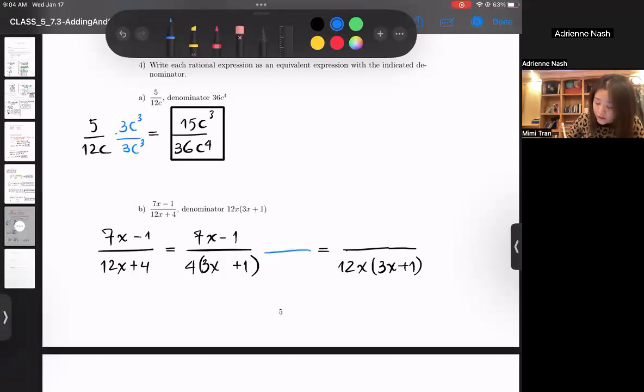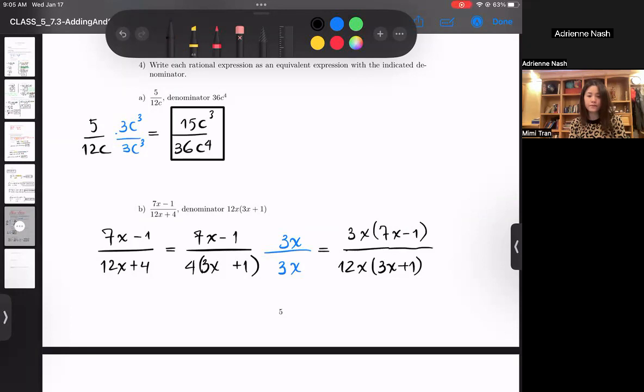You missed an x. What else did you miss? You missed a 3, because you got a 4 there, you got a 4 there, you miss a 3. So 3x, and the same to the top. On the top, I have 3x times 7x minus 1. I'm going to leave it like that. I don't want to bother to distribute. On the bottom is 12x times 3x plus 1. That's what they want.